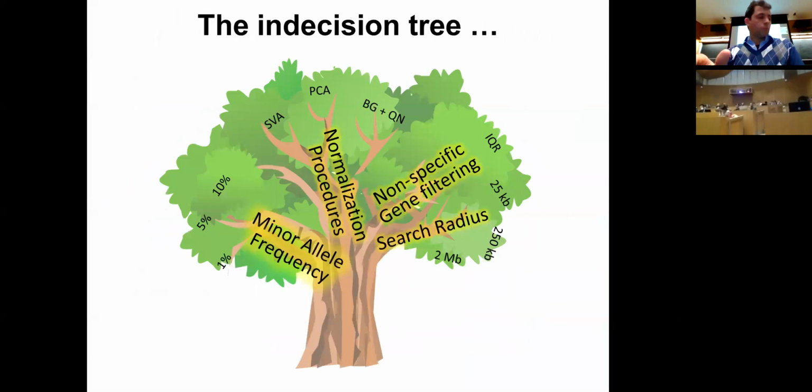So you then have a bunch of decisions to make. What is the threshold of minor allele frequency that you're going to be considering? What kind of normalization procedure are you going to be using? How many genes are you going to be keeping? How many nucleotides are you going to be looking around?